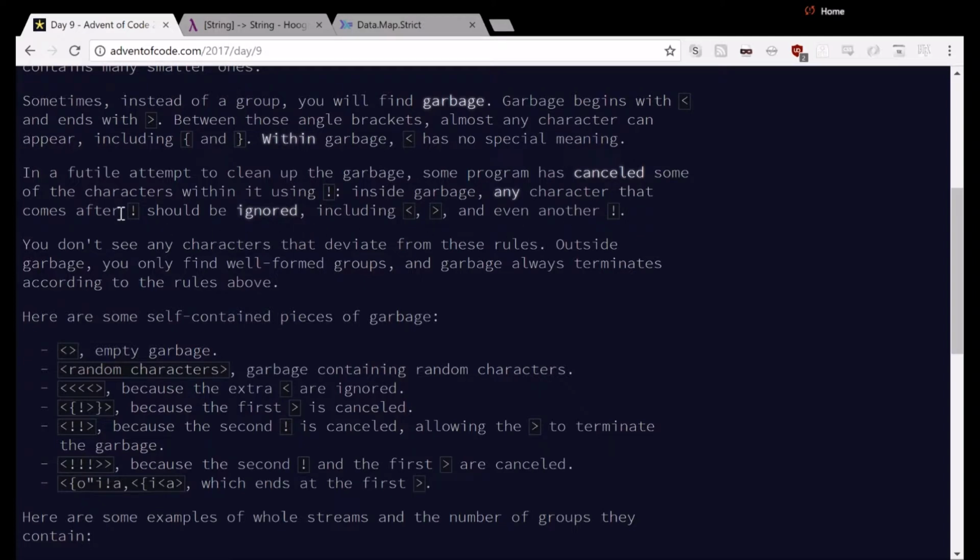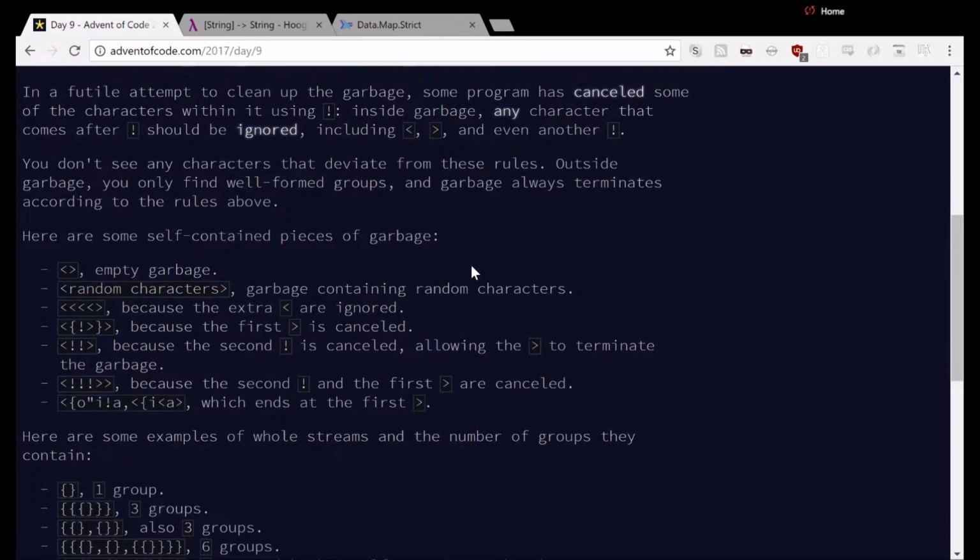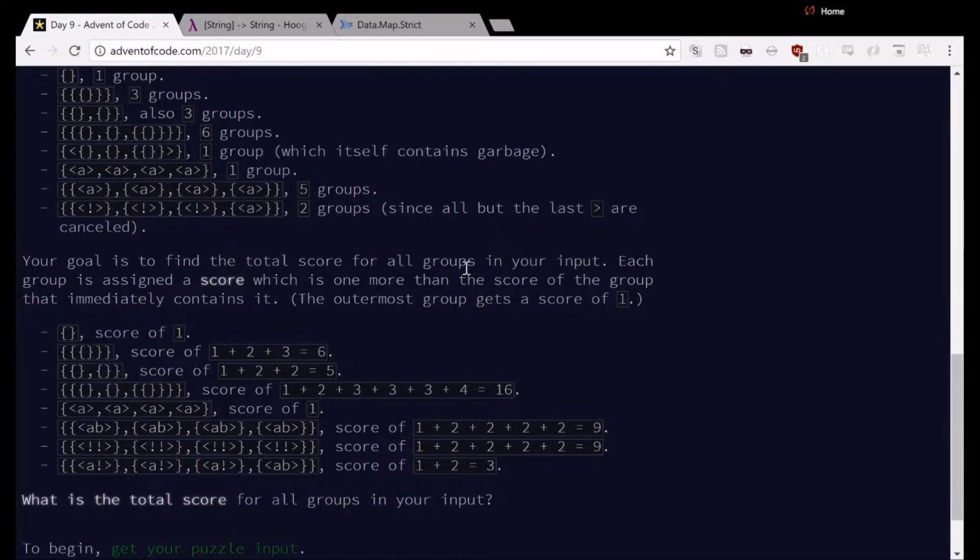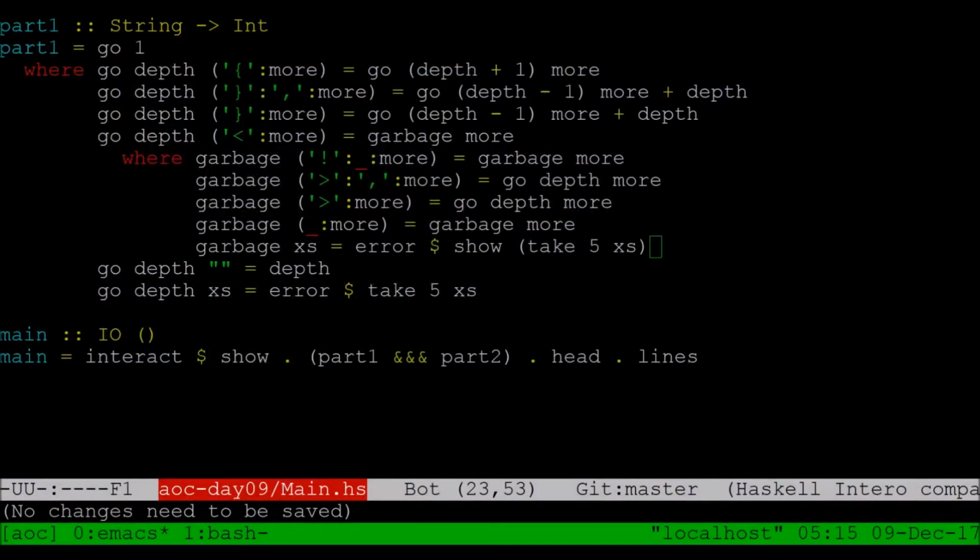The immediate character after an exclamation point should be ignored. So something's wrong in how we process garbage. Why?